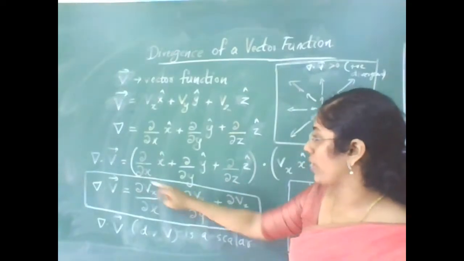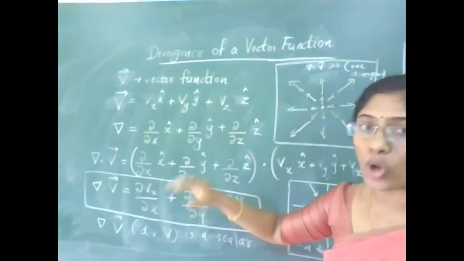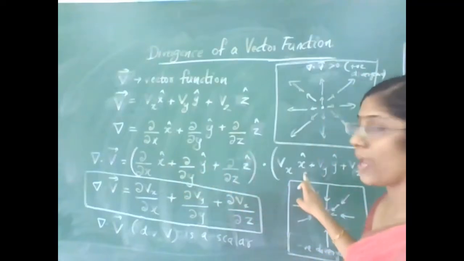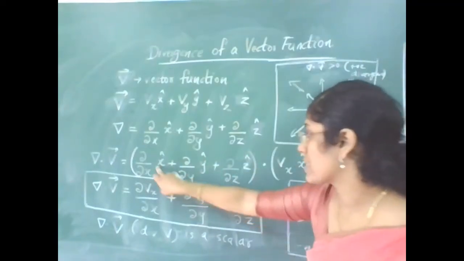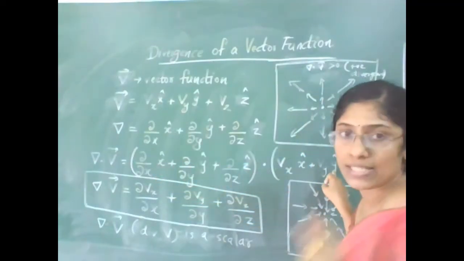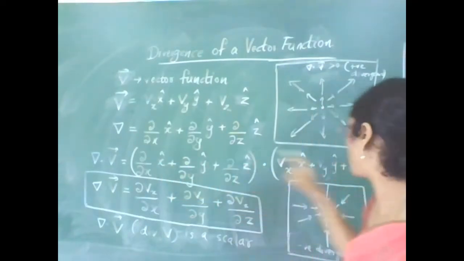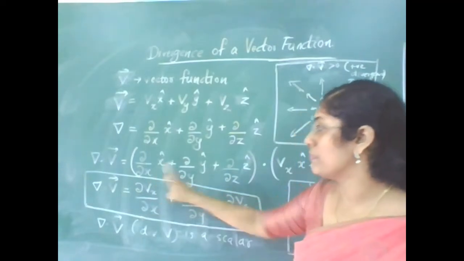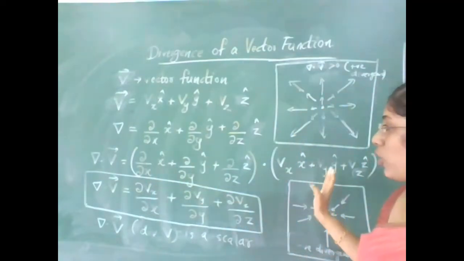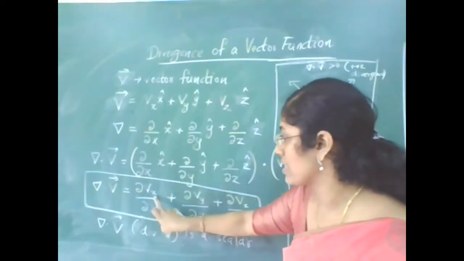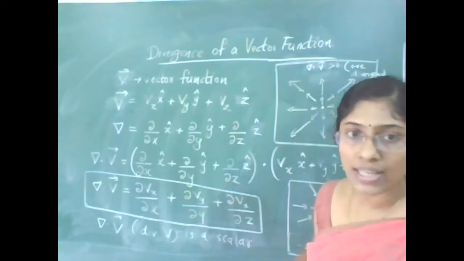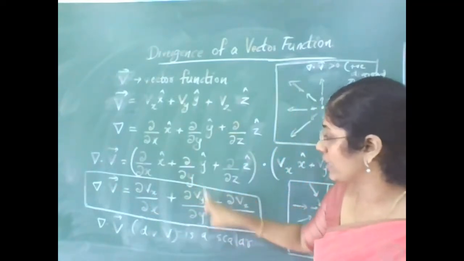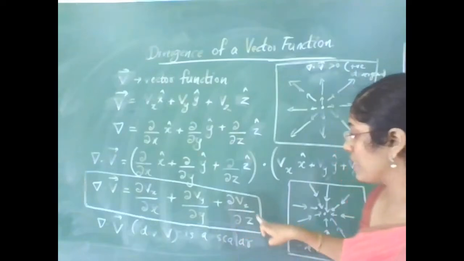In the dot product, x cap dot x cap is 1, x cap dot y cap is 0, and similarly x cap dot z cap is 0. So, the only term that exists after the dot product in dou by dou x is dou Vx by dou x. Similarly, we get dou Vy by dou y and dou Vz by dou z.